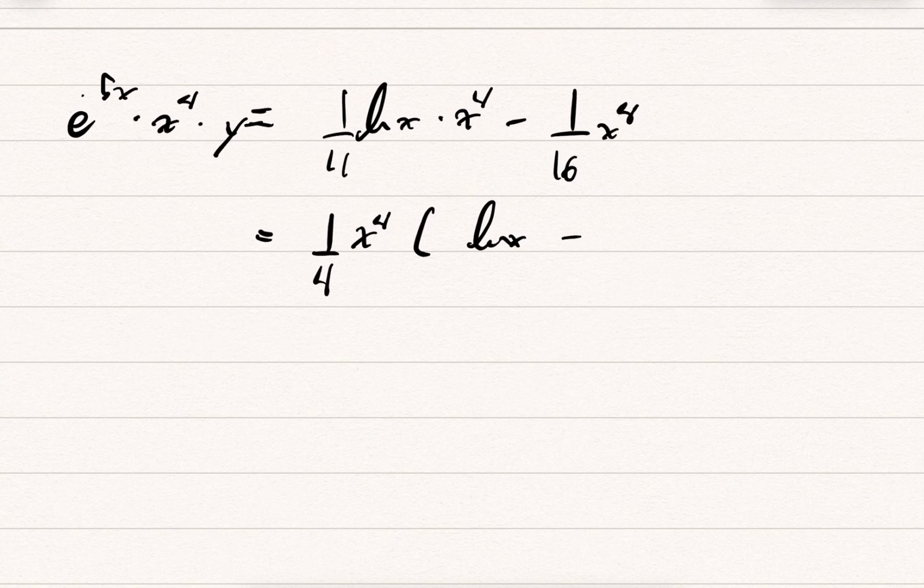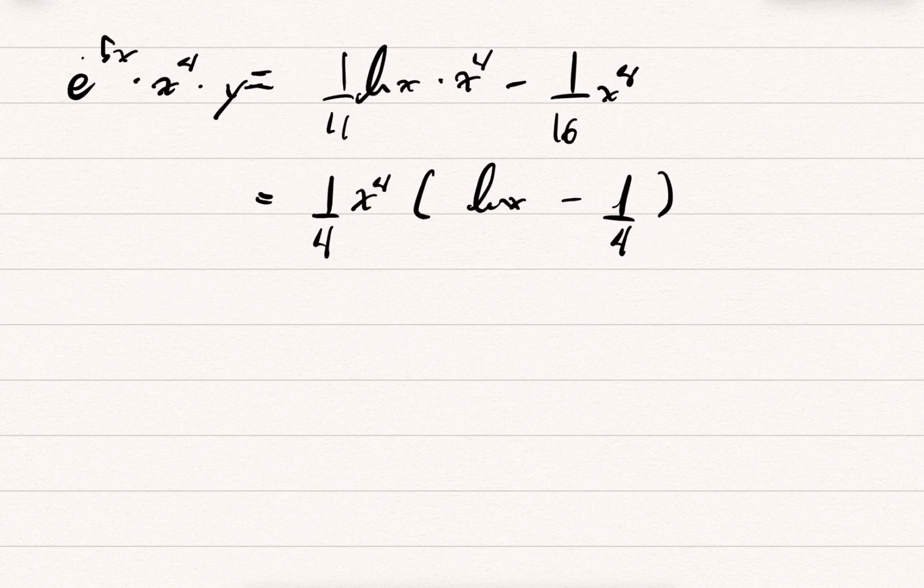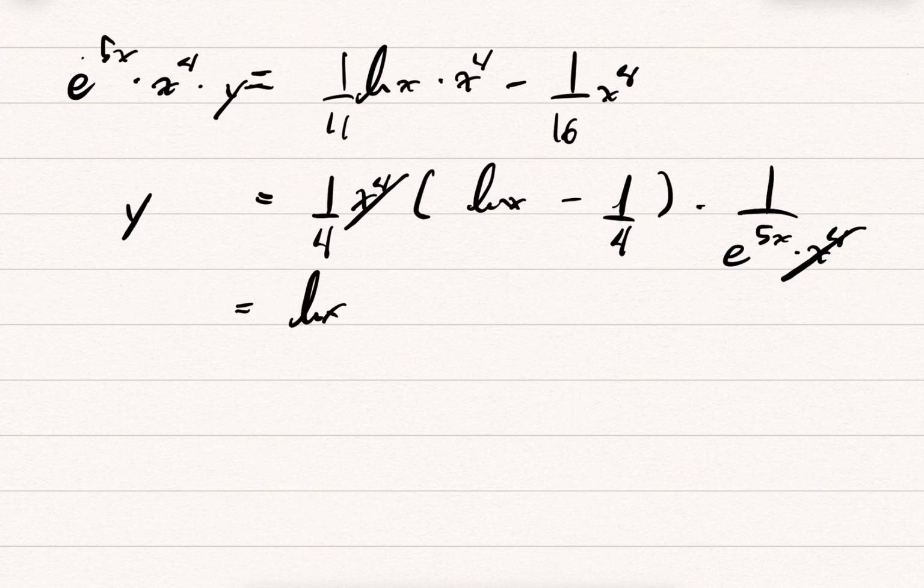That's the same thing as saying 1 over 16 times 4, which is 1 over 4. y times 1 over e to the 5x times x to the 4. Cancel this with this. I'm going to get ln x minus 1 over 4 times 1 over 4 e to the 5x.